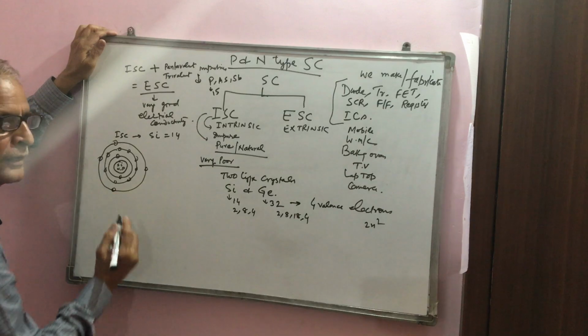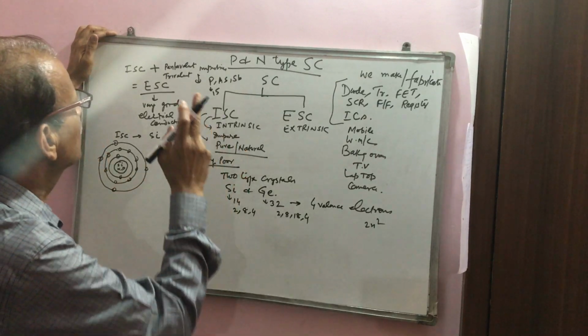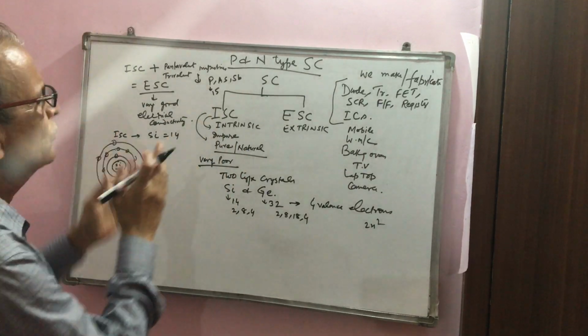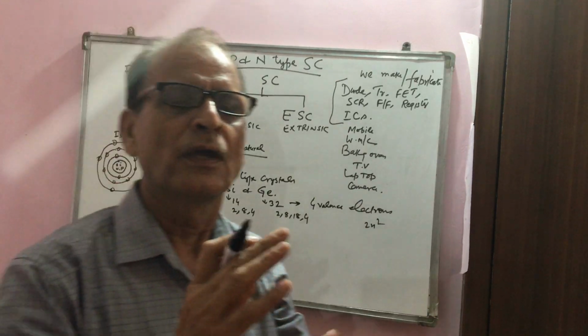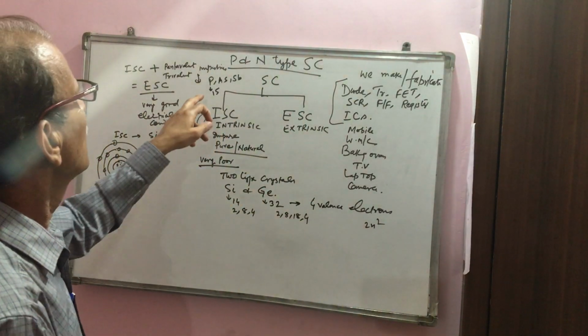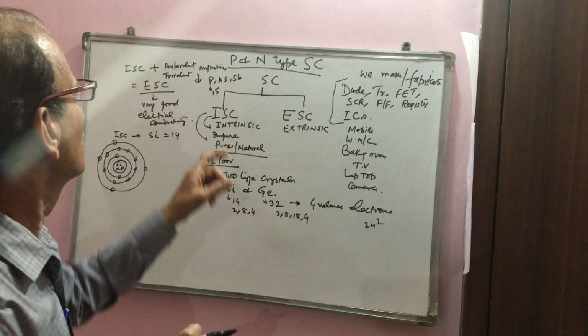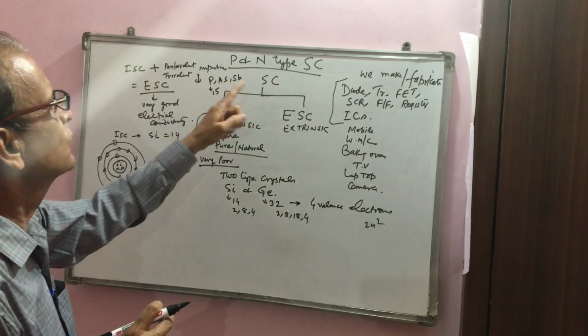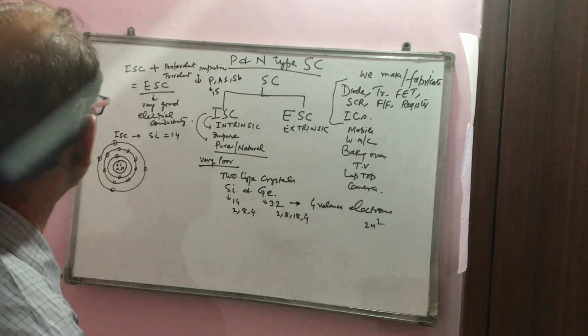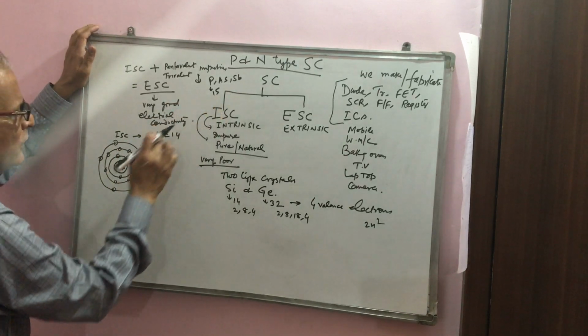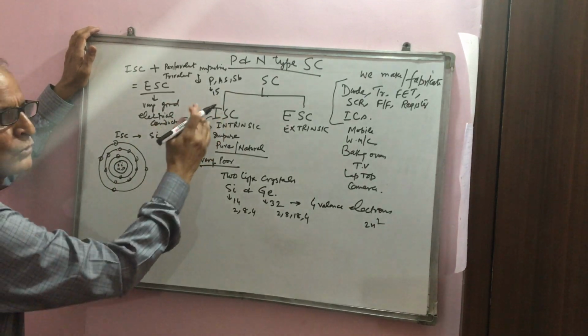And when we add a pentavalent impurity, phosphorus, we must add impurity having atomic number very near to germanium and silicon. So phosphorus 15 and silicon 14, they are very close to each other.